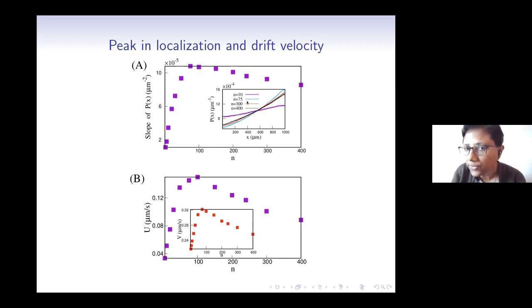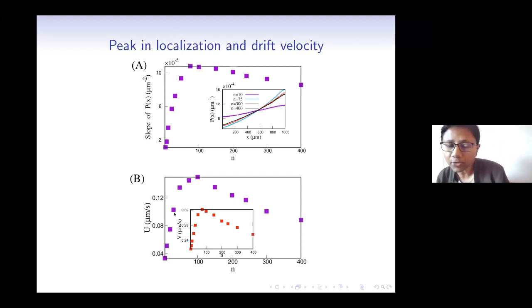For different values of the signaling team size or cluster size, we find different slope for P(x). And when we plot slope as a function of the cluster size, we find there is a particular value of team size for which the slope is maximum.